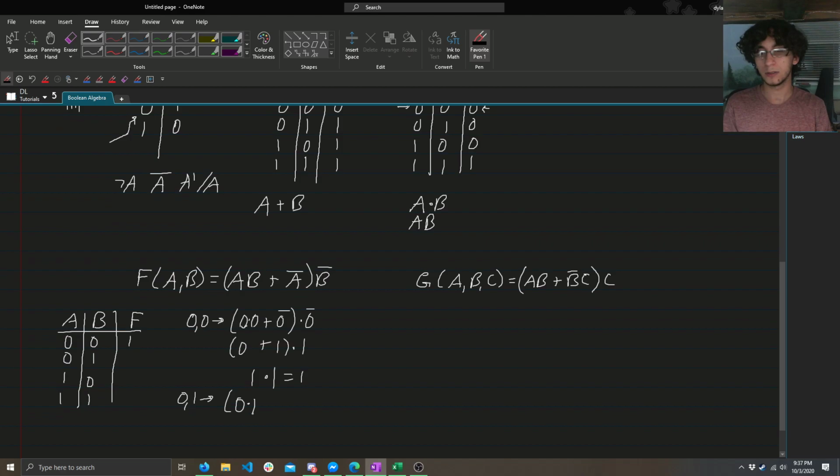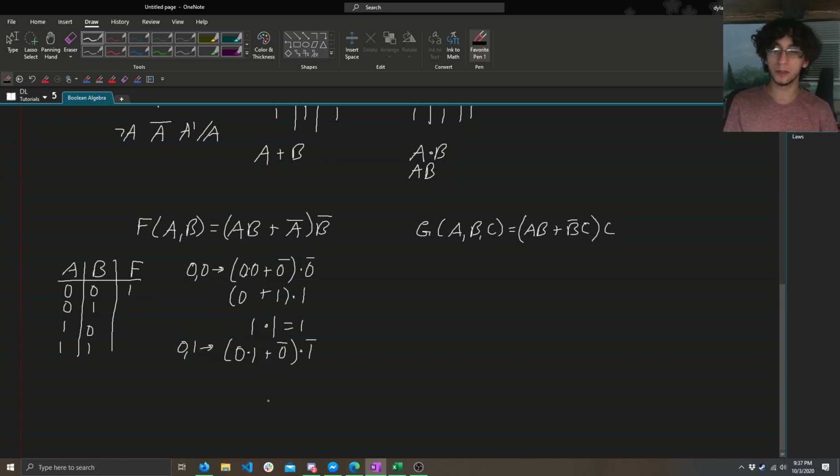We're going to have 0 AND with 1, and again with a 0 naught, but this time with a 1 naught. Now, I'm going to do a little shortcut here. I'm just going to write out this on the outside first. So I turn this 1 naught into a 0, and as you can see, we have this whole thing here, and it's ANDed with 0.